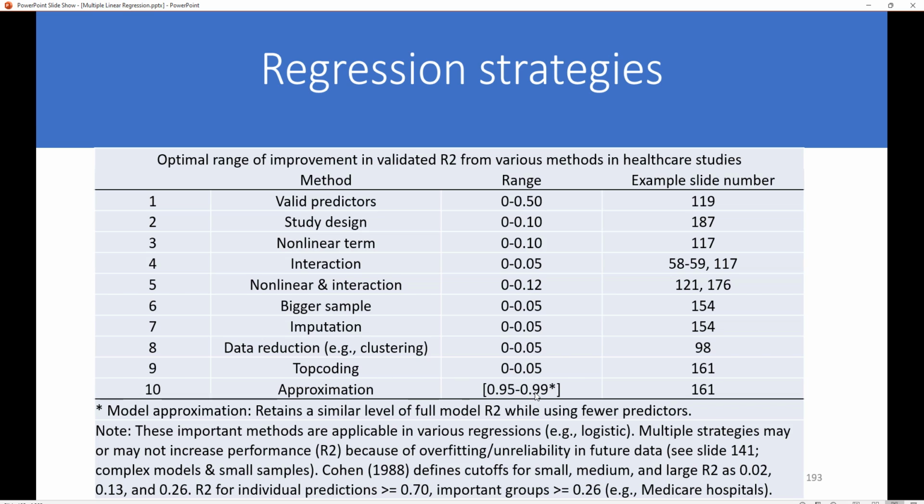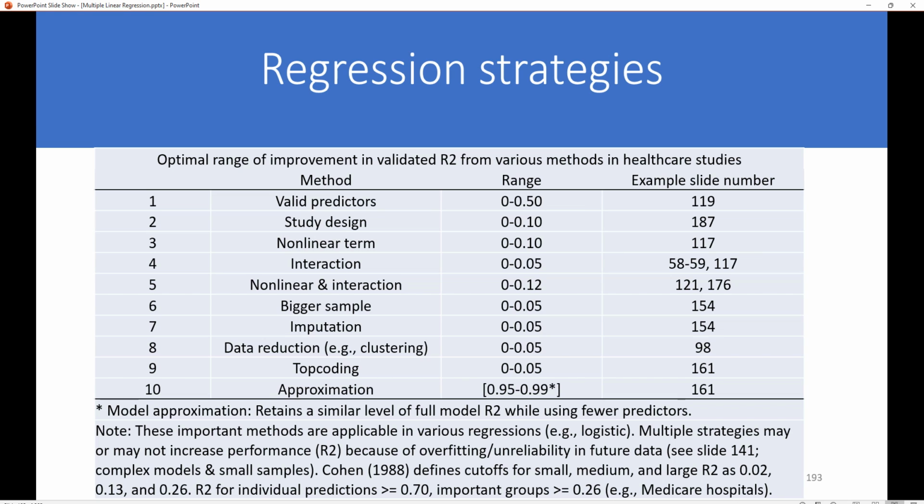And that won't increase your R square by that high of a value, but instead it will give you a model that has an approximated R square that is about 95% to 99% of your gold standard model.